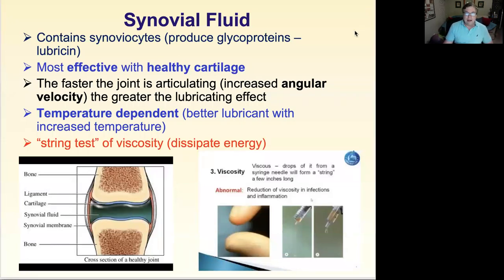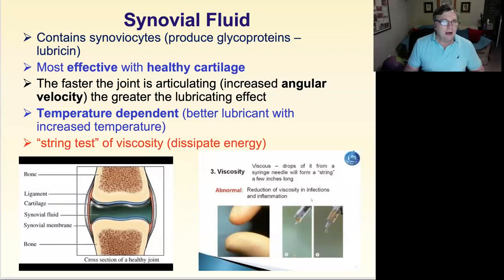Synovial fluid, again, has to work with healthy articular cartilage in order to reduce the amount of friction. The faster joints articulate, interestingly enough, the better it actually works. So that's really a fairly unique property about synovial fluid. It's temperature dependent, so it's a better lubricant with increased temperature.